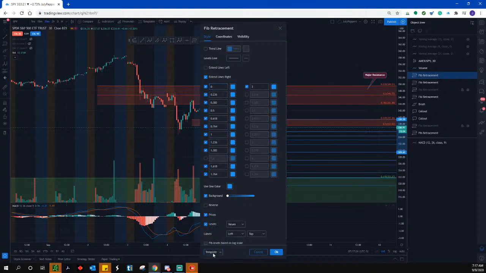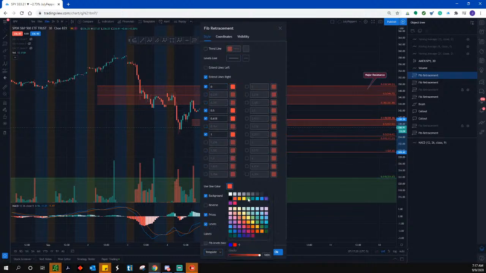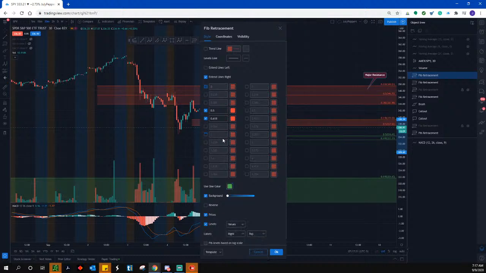Change this to that. In terms of support, 618 and the 100, the one extension, which is the 100%. That's very strong support.